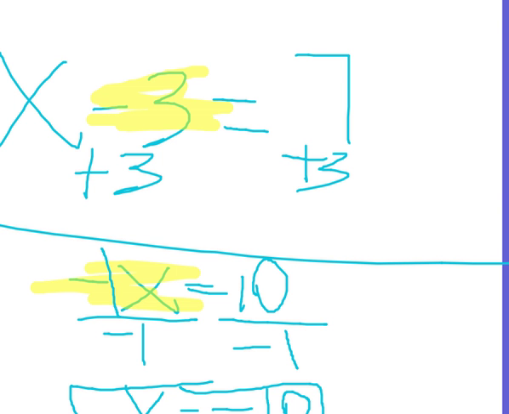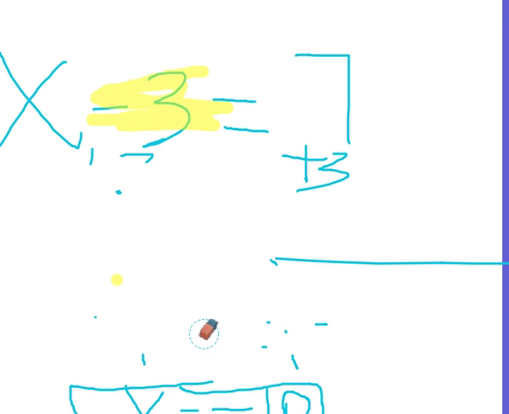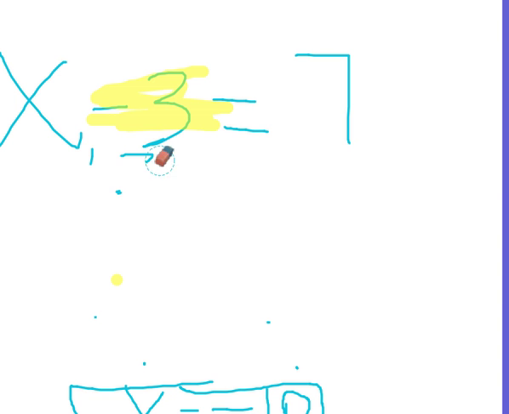Now when I check this, it's a whole nother thing. So I'm just going to clear this bottom part, and I'm going to show you what happens when you plug in, because I think there's some confusion there. So when I want to put my number in for x, that is literally all that I do. That's the only thing that changes is x. So my negative stays out front.